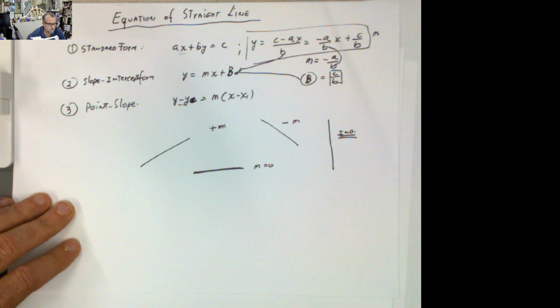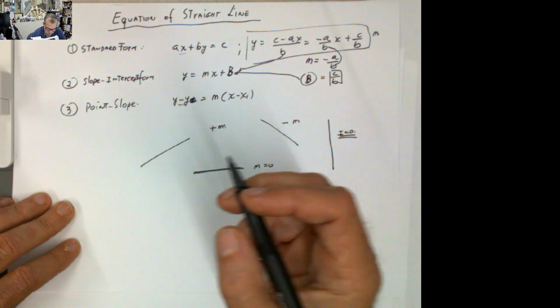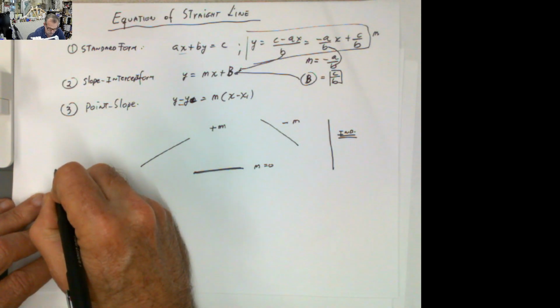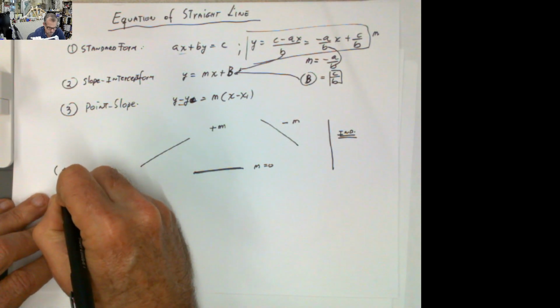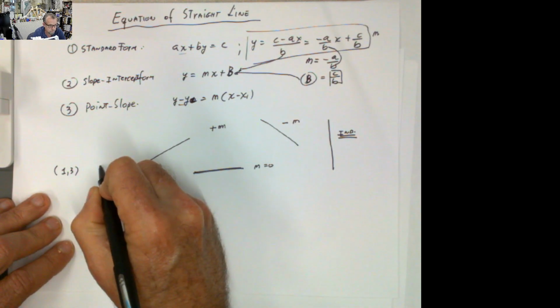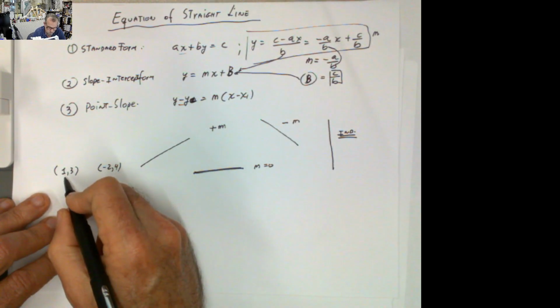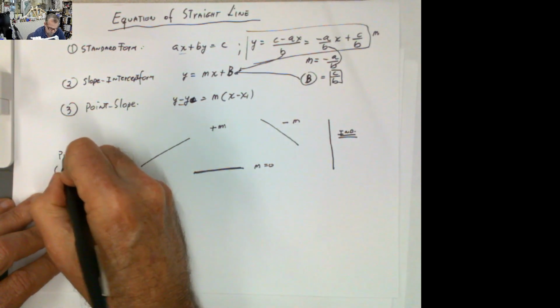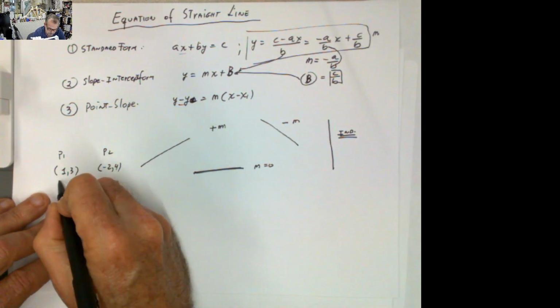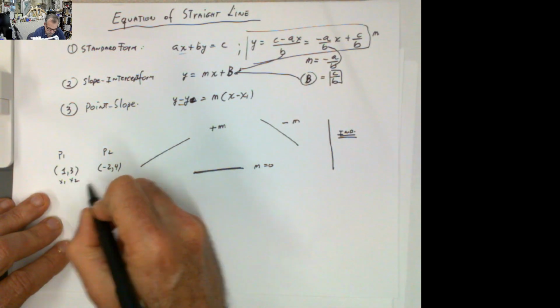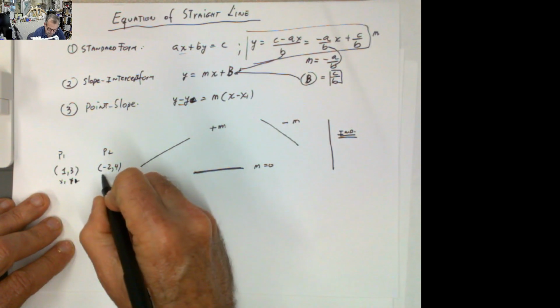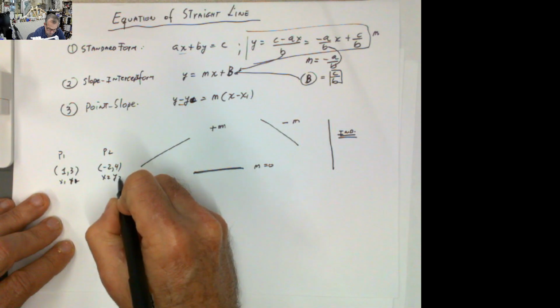Let's say that you have a point 1, and the point 1 is 1, 3, and then you have a point 2, and the point 2 is negative 2, 4. This is the point 1, this is the point 2. So you can say this is x1, y1, I'm sorry, and this is x2, y2.